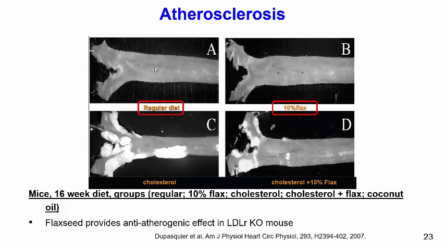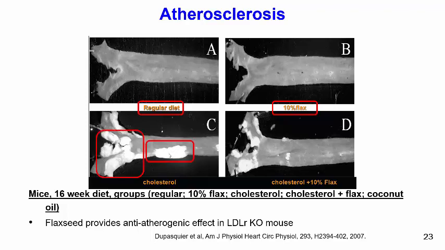So in the top left-hand corner in image A, we see a healthy artery. We don't see much in the way of plaque deposition. And these were the mice on the regular diet. Supplement the regular diet with flax, and we see once again the mice did not have an original problem with plaque deposition, and the flax caused no change.